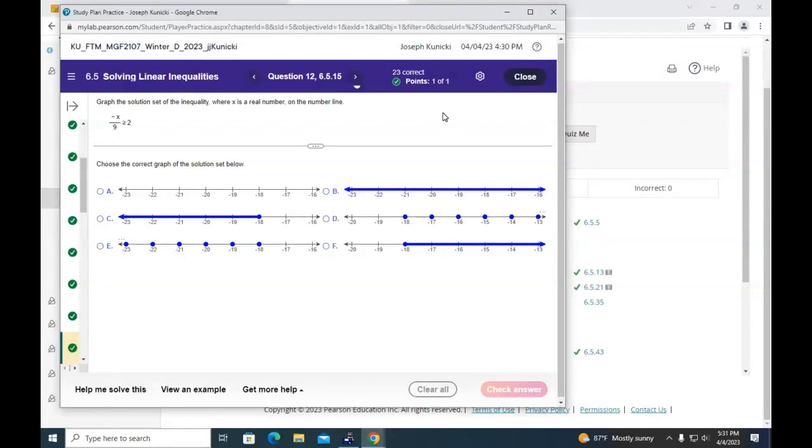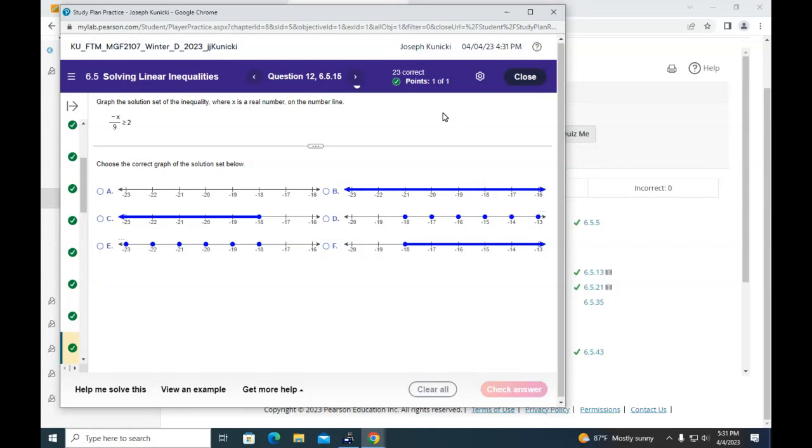If I multiplied by 9, then I'd have to do another multiplication by -1. So why not do them both at the same time? These multiply out for 1. And this gives me -18, but what else do I have to do? I have to change the direction, because I multiply by -9. Okay?